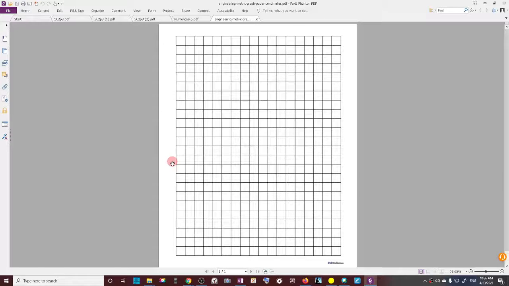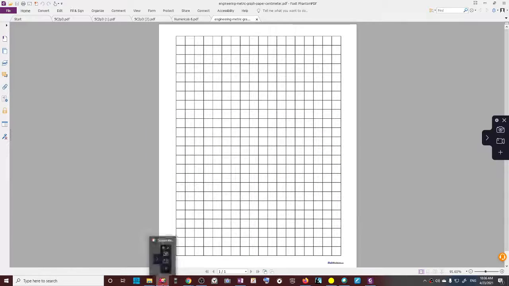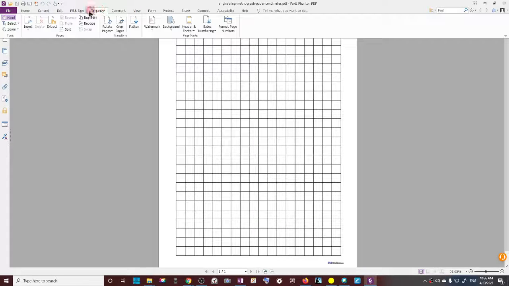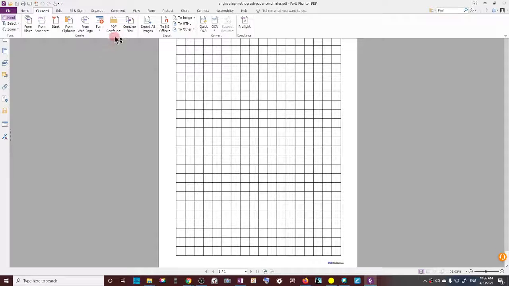Let me see if I can take a screenshot of this one. Okay, I can also do one thing. I can print this one. Oh, wait. I can transfer it to image also. Convert, export all.